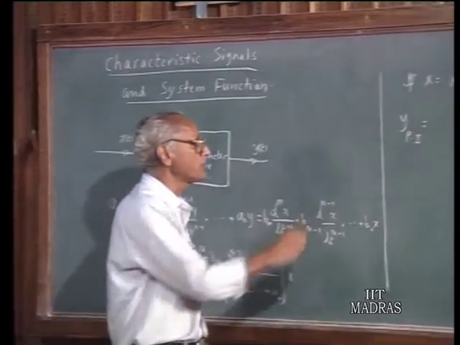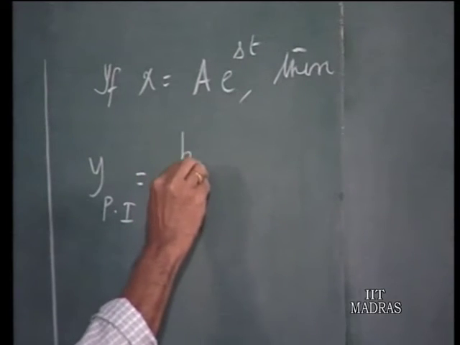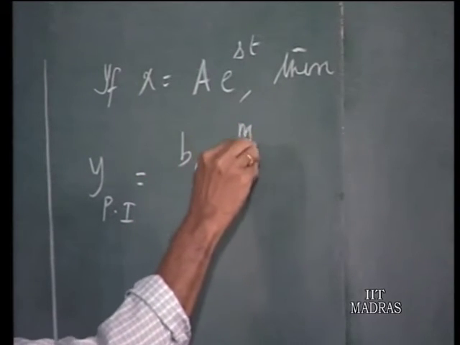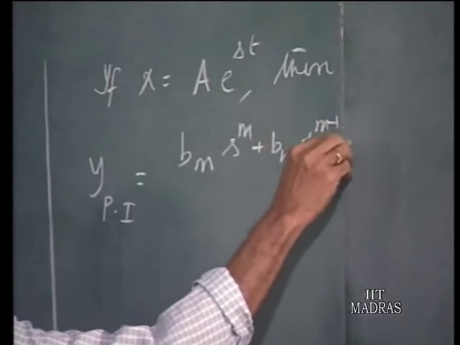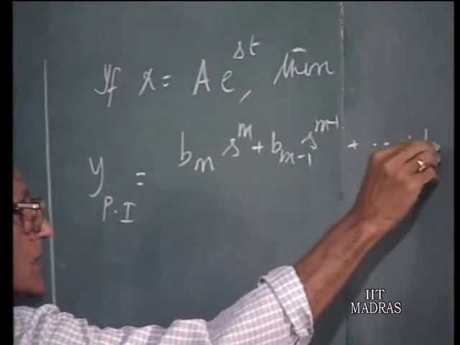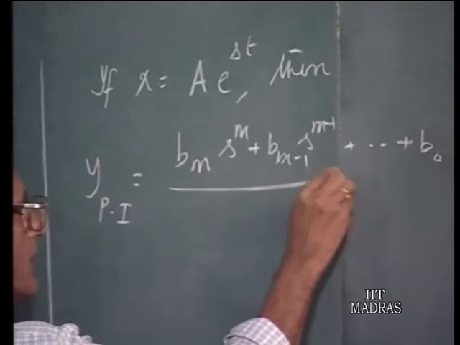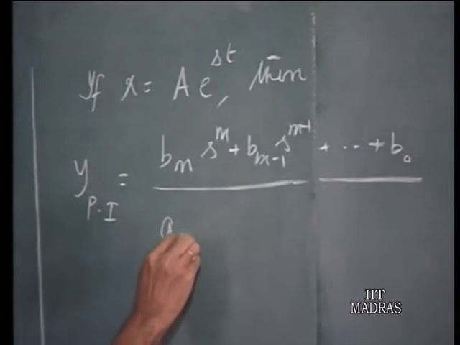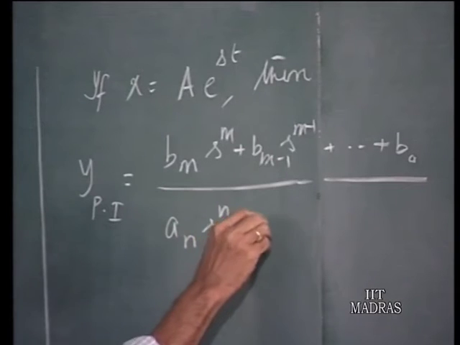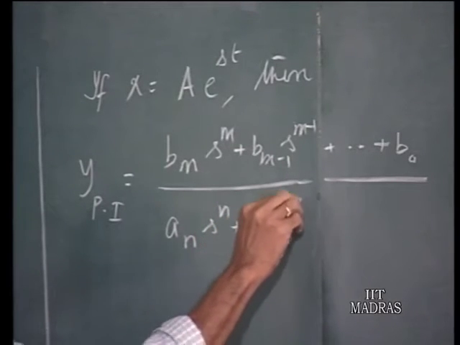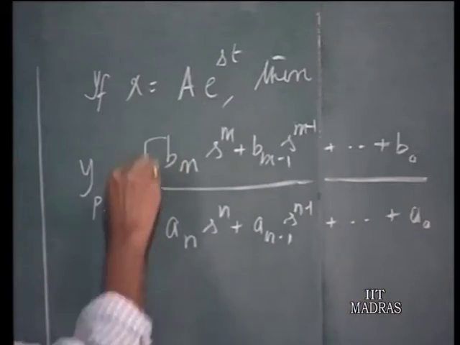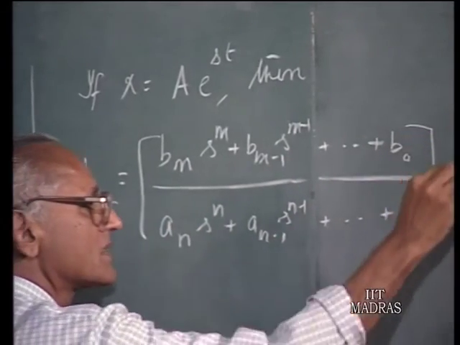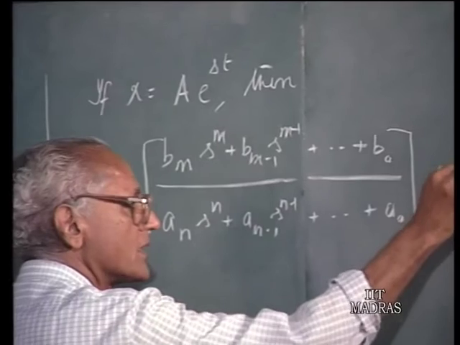So, the particular integral solution will be b m s^m plus b m minus 1 s^(m minus 1) down the line to b naught, divided by a n s^n plus a n minus 1 s^(n minus 1) up to a naught, times x of t, which is A e to the power of st.